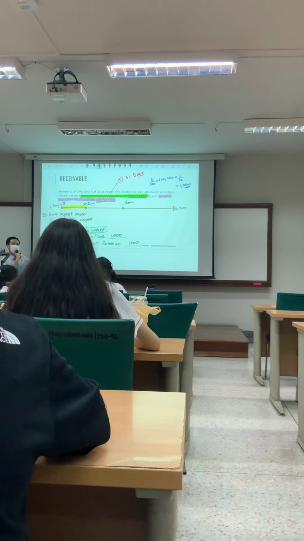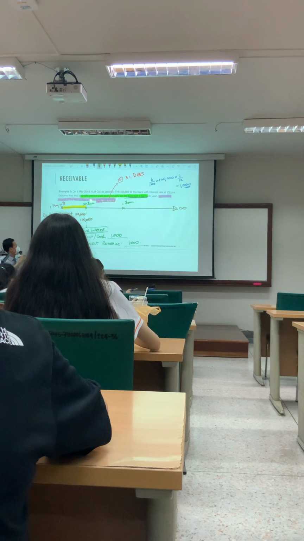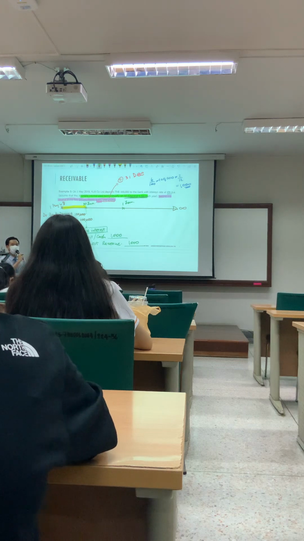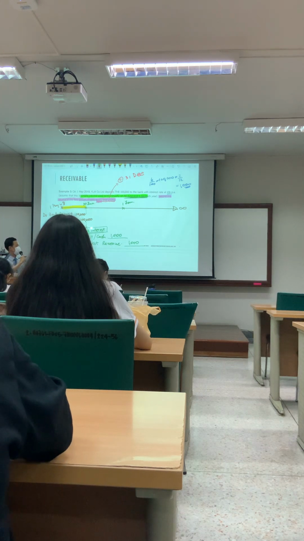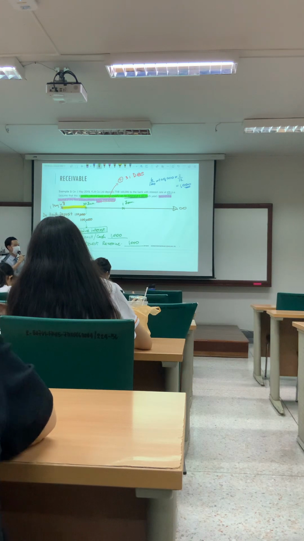So this one is not your adjusting entry because they ask you to record adjusting entry every year end. This is not year end yet. This is just a normal transaction. Okay?